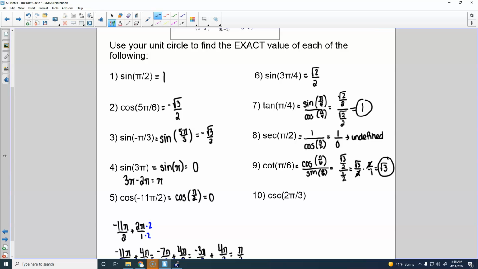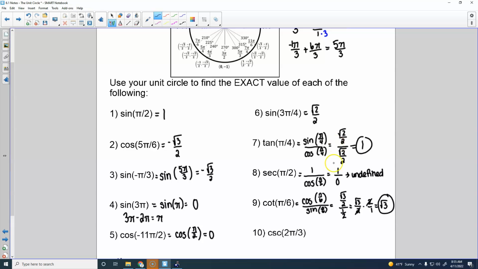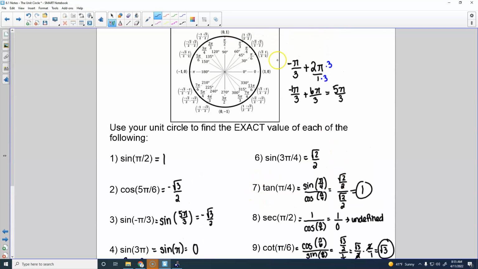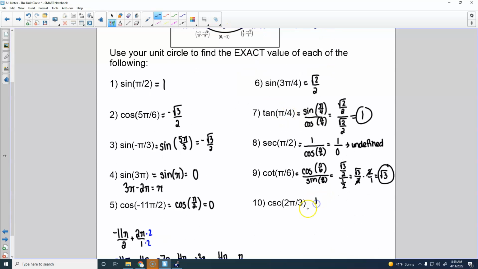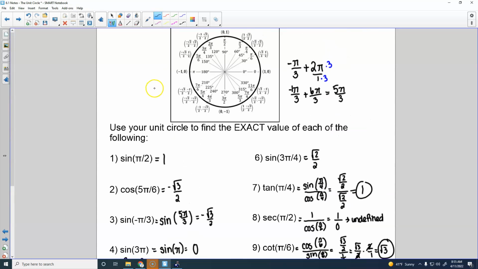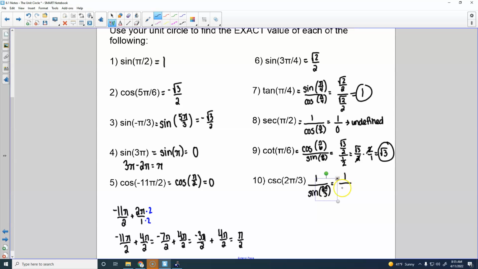Let's do this last one together. I'm going to let you guys try the next ones. So cosecant of 2 pi over 3. 2 pi over 3 is right here. Cosecant is going to be 1 over sine of 2 pi over 3. And if we find sine of 2 pi over 3, sine is our y coordinate, which is square root of 3 over 2.